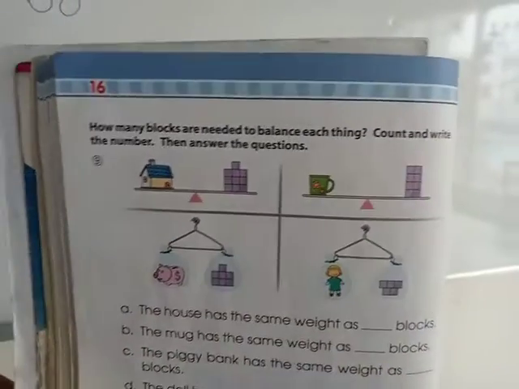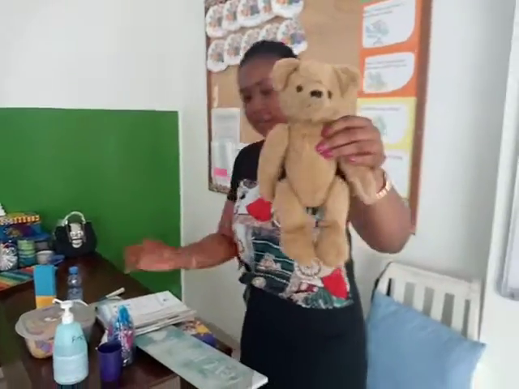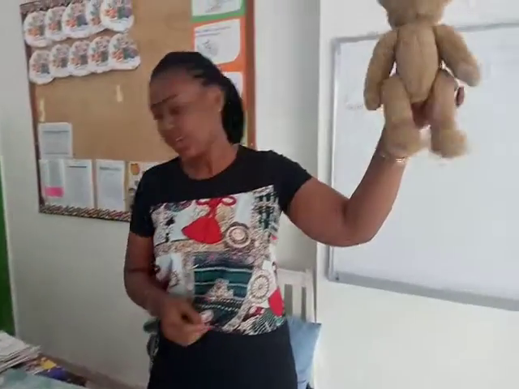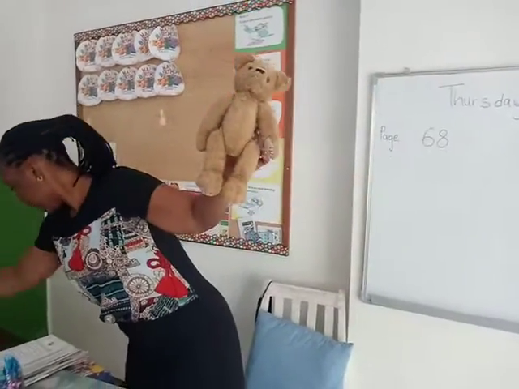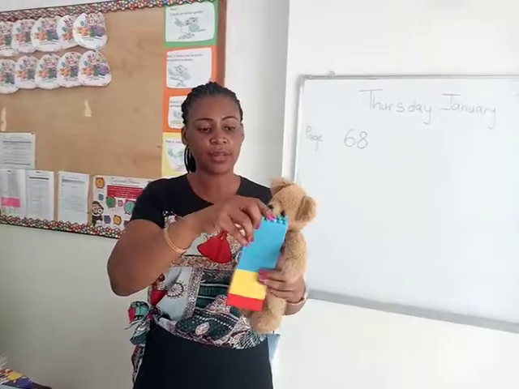And on this part we have a baby doll. So for that I'm going to use this doll over here. It's just telling us you have a doll. And how many blocks do we have for the doll? We have 5. So we have to count out 5.